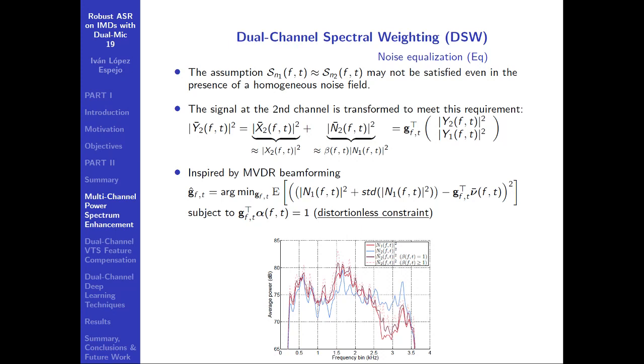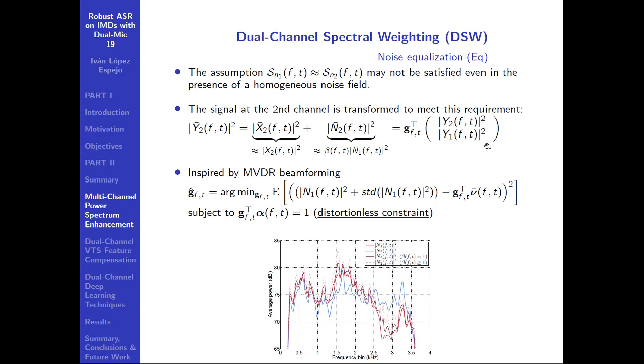This noise equalization procedure transforms the secondary signal in order to follow the noise components from the primary channel, where beta is an overestimation factor inspired by oversubtraction typically applied in spectral subtraction, which helps to reduce the musical artifacts.